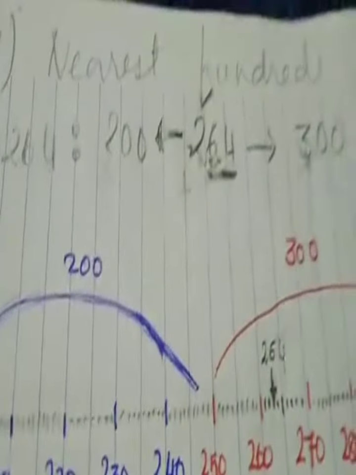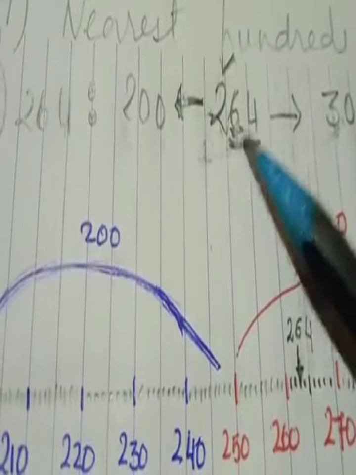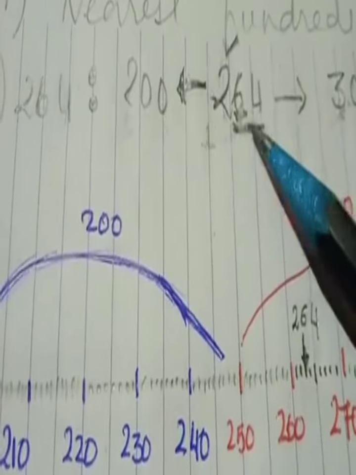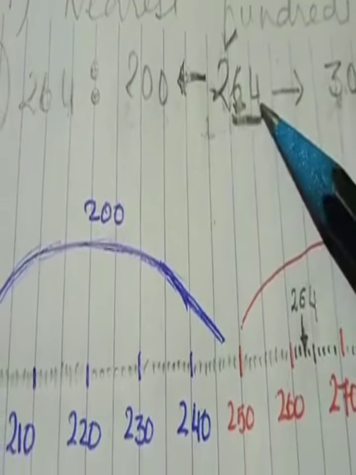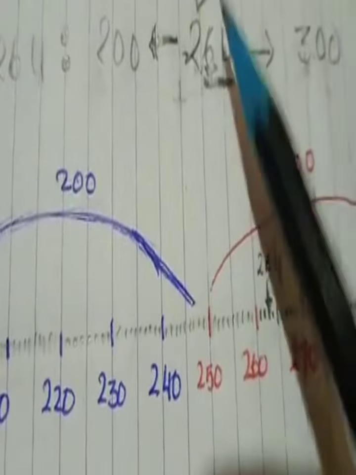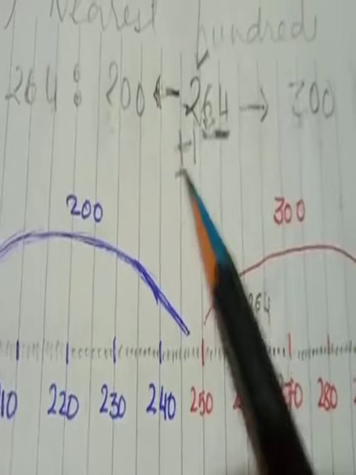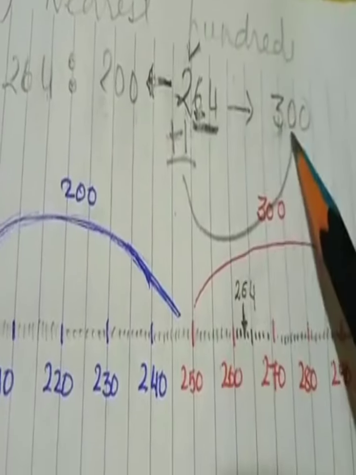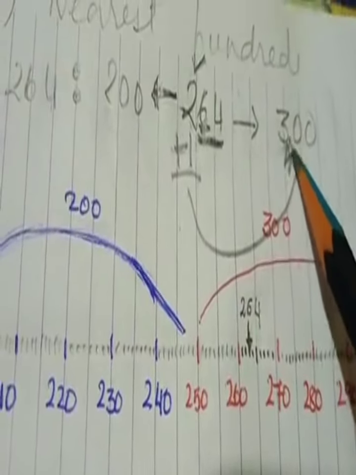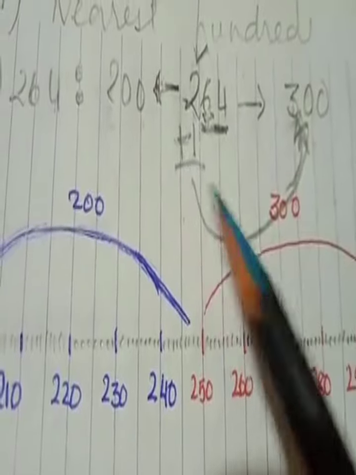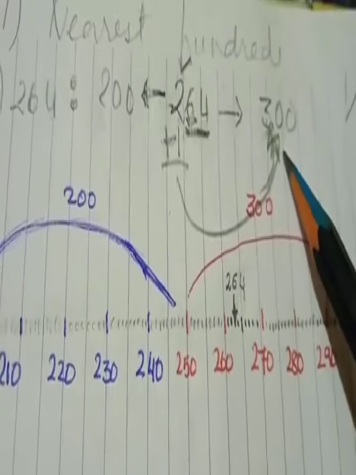If it is 5 or more than 5, in this case it is more than 50 because it is 64 here, then 1 will be added to the hundreds place, making it 300s. So the 200s will be upgraded to 300.